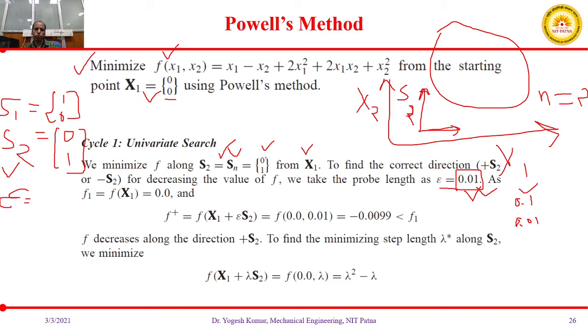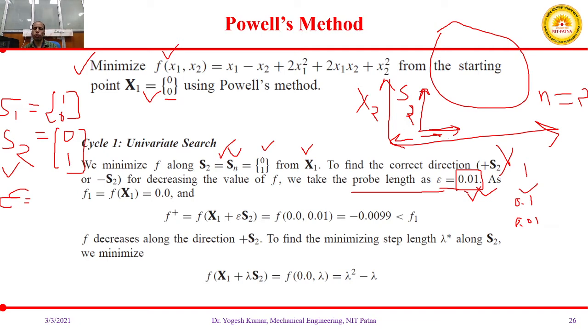Now we will give a small increment in the search direction by the probe length. Say if you want to give an increment on the positive side, this is your positive side, the right-hand side, and the left-hand side is your negative side.